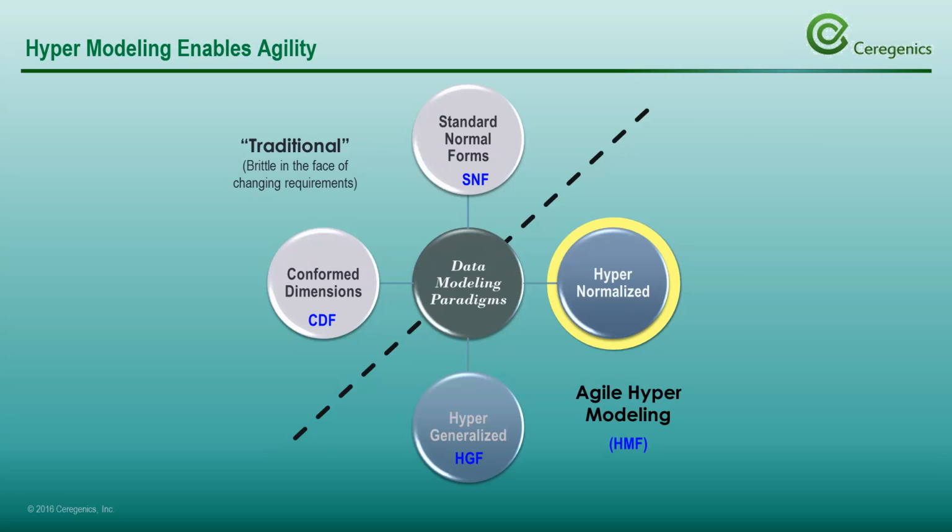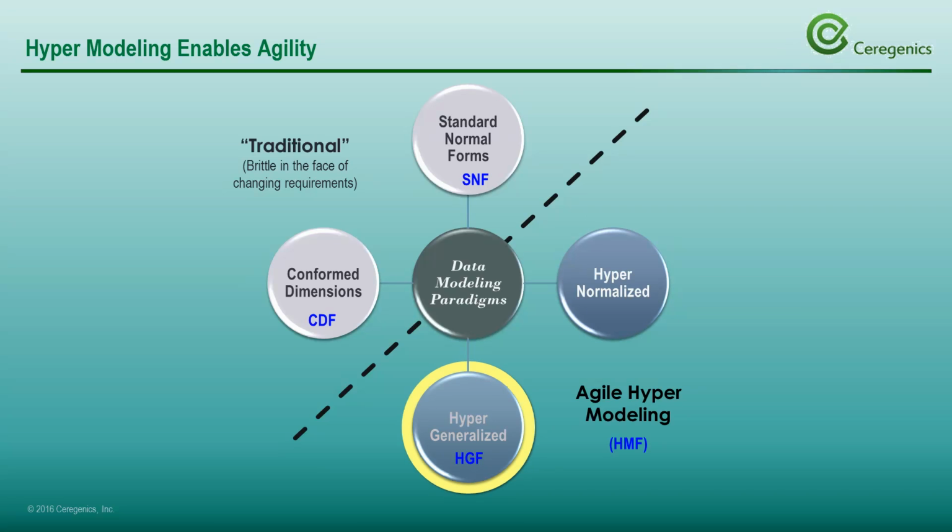Hyper-normalized data models focus upon the integration layer of a data warehouse and only the integration layer, but they make it very easy to build an enterprise data warehouse in an agile fashion. We can start small with just a few tables and then evolve our integration layer as needed. In contrast, hyper-generalized data models not only make the integration layer fast to build, but they also allow us to computer-generate the warehouse's presentation and semantic layers as well.